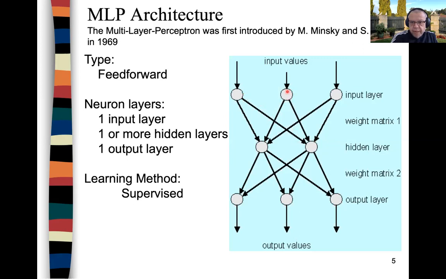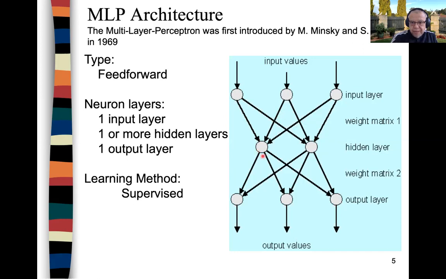At this node, you have the input from this input node, from this input node, and also from this one. Again, this is simply a perceptron where you sum your inputs with the corresponding weights.